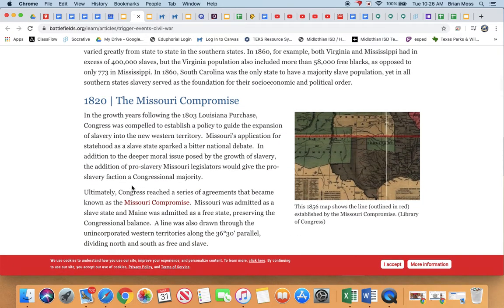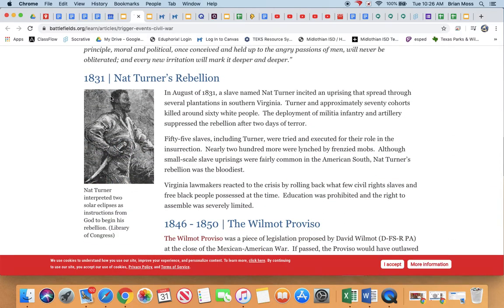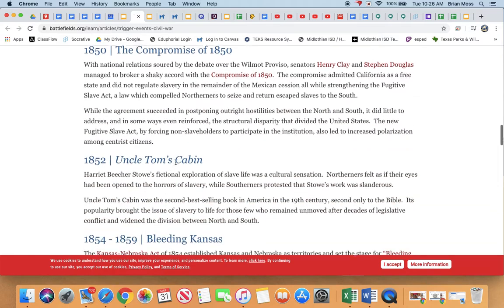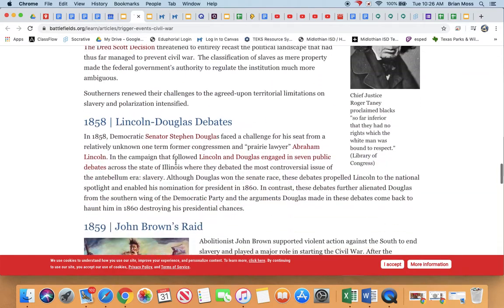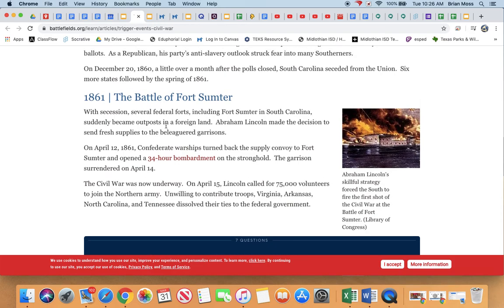And they kind of go in order, too: the Missouri Compromise, Nat Turner's Rebellion, the Compromise of 1850, and it goes all the way down to the first battle of the Civil War, which is Fort Sumter, 1861. So this is a good resource. Please make sure that you are using that slide and that link throughout the unit.